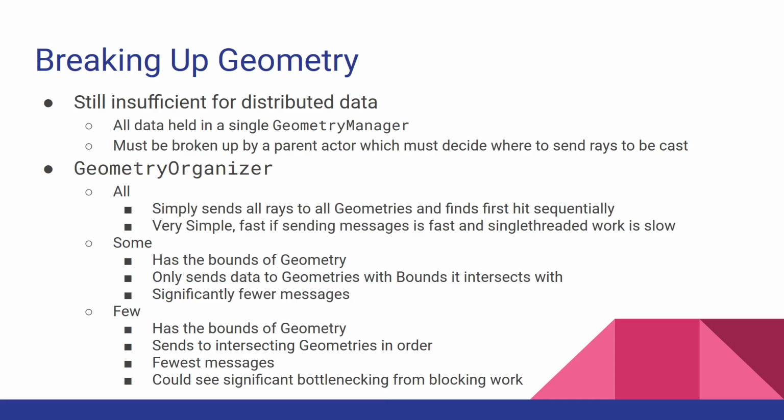If it's a hit, it immediately short circuits and sends that back to whoever sent it, or if it didn't hit, sends it to the next piece of geometry in sequence. In doing so, it sends what should be potentially the fewest total number of messages possible.